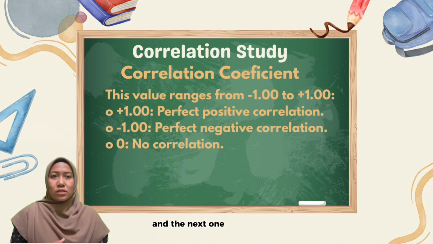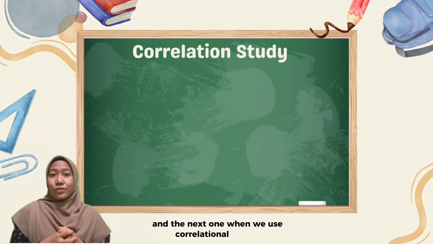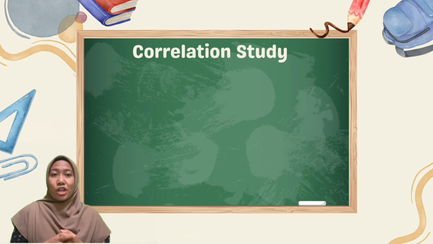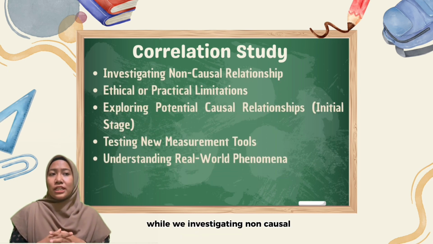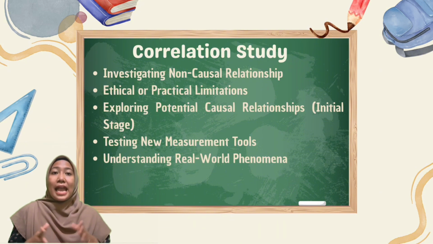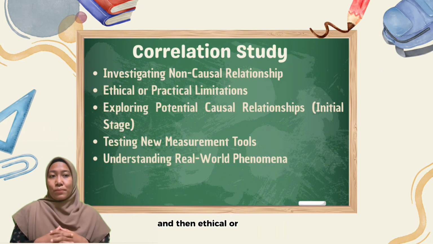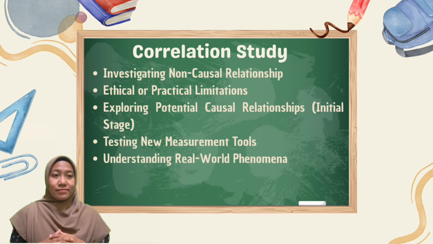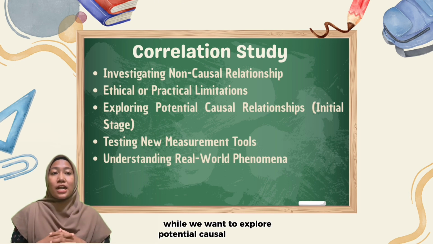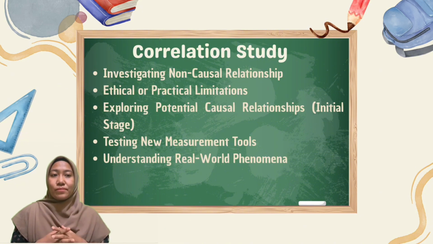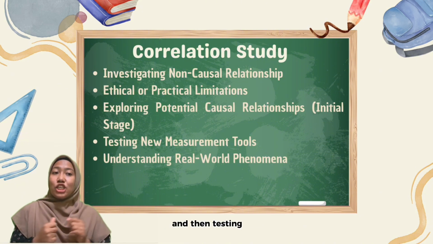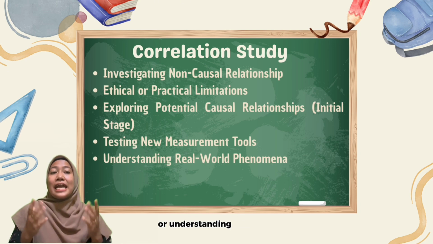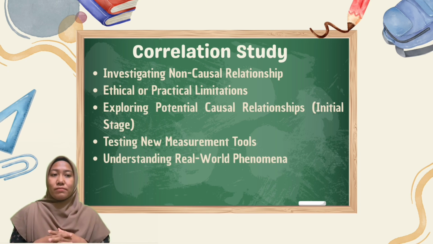And the next one, when do we use correlational studies? Of course, while we are investigating non-causal relationships, and when there are ethical or practical limitations, and while we want to explore potential causal relationships, and testing new measurement tools, or understanding real-world phenomena.